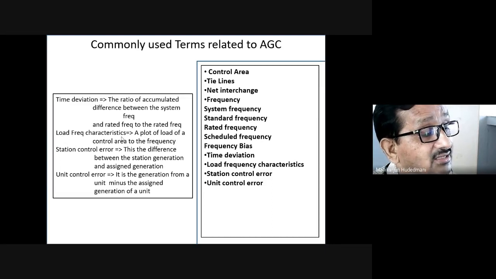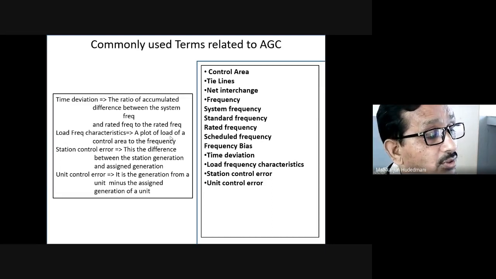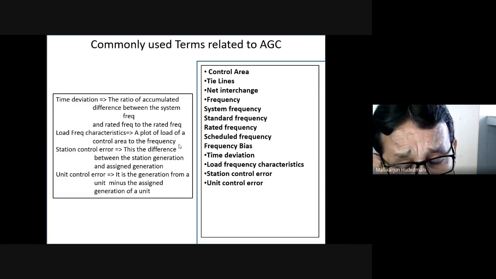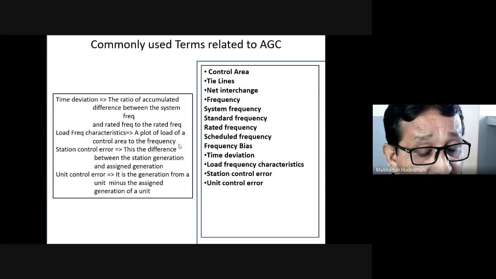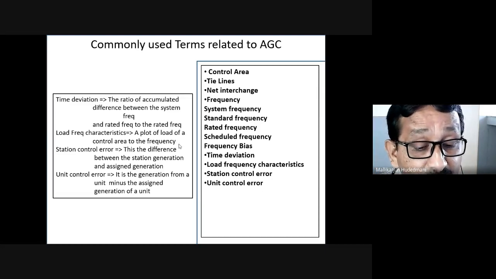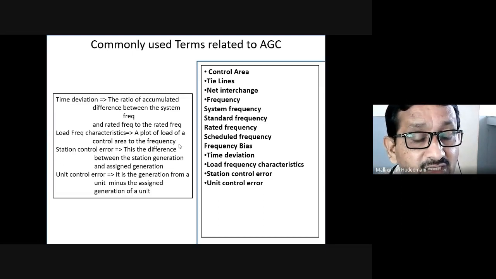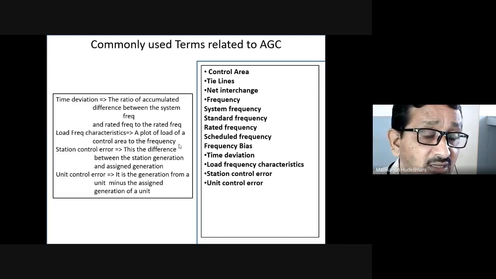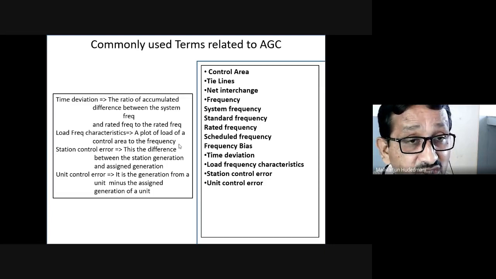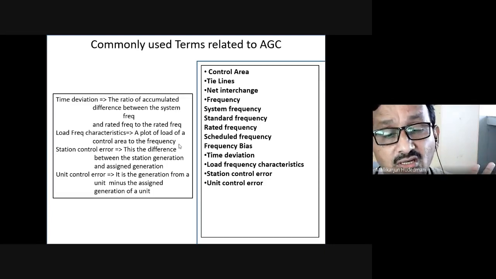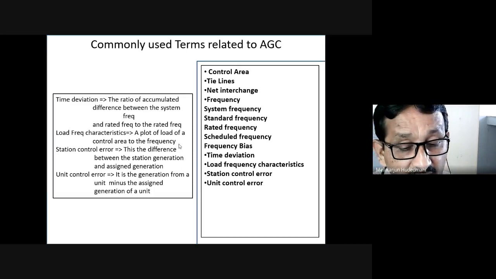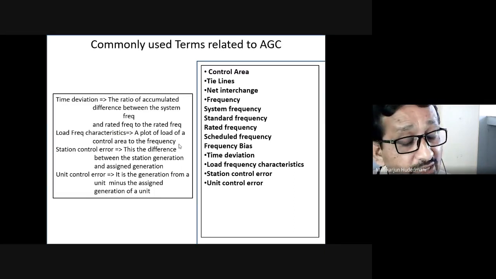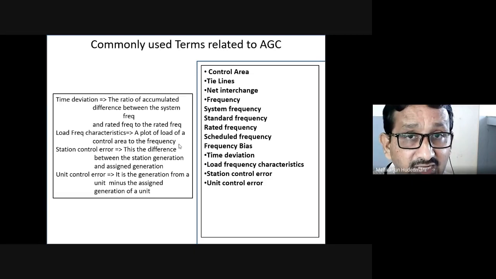Load frequency characteristics: a plot of load of a control area to the frequency. This is one of the very important characteristics that the generating station dispatcher needs to understand. It is a plot of load and frequency: how the frequency of that station changes as the load changes. Naturally, frequency needs to be steady state at a specified value f, whatever the reference.